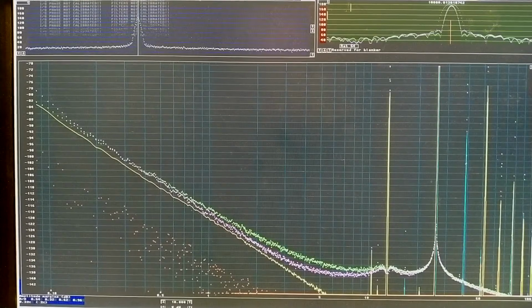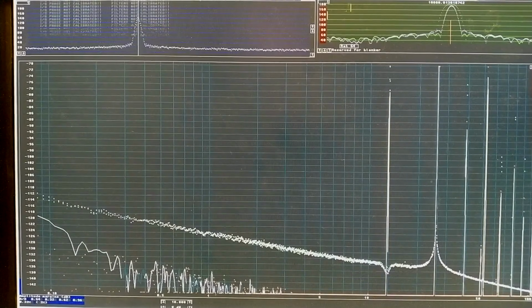In Linrad I can look at the amplitude noise, which is here, and which is much lower than the phase noise. And you can see down here that the red dots are below the white trace, only very close to the carrier. But the white trace, that is the AM noise, and it is very low, minus 120 dBc per hertz at 0.1 hertz offset.